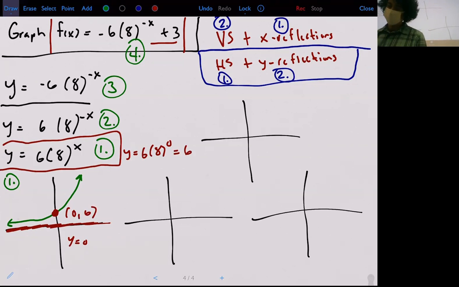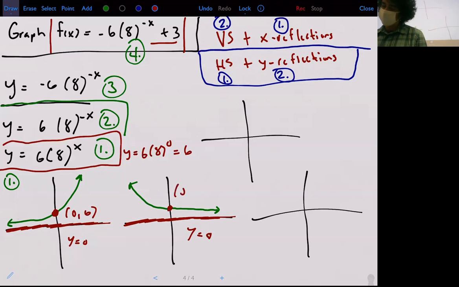Okay. So let's go ahead and look at graph number 2. And this is going to be a reflection across the y-axis, which means this becomes a decreasing exponential function. Again, we haven't changed our horizontal asymptote at all. This is still y is equal to 0. And our y-intercept is still 0, 6.